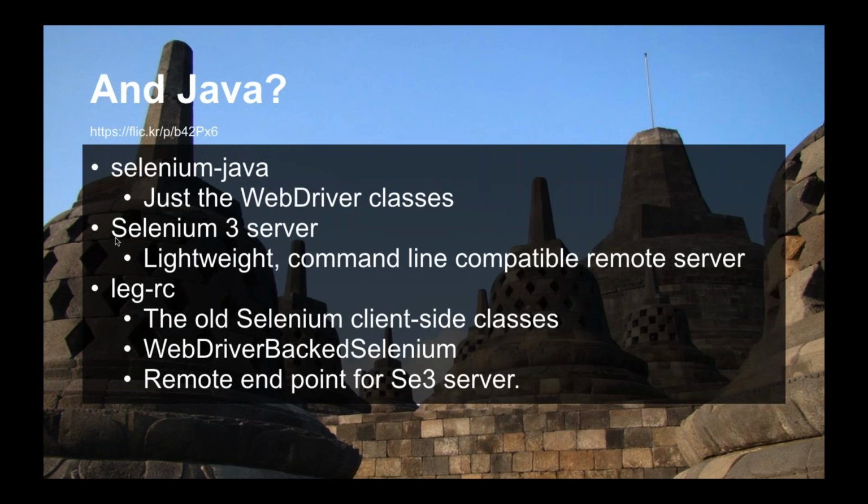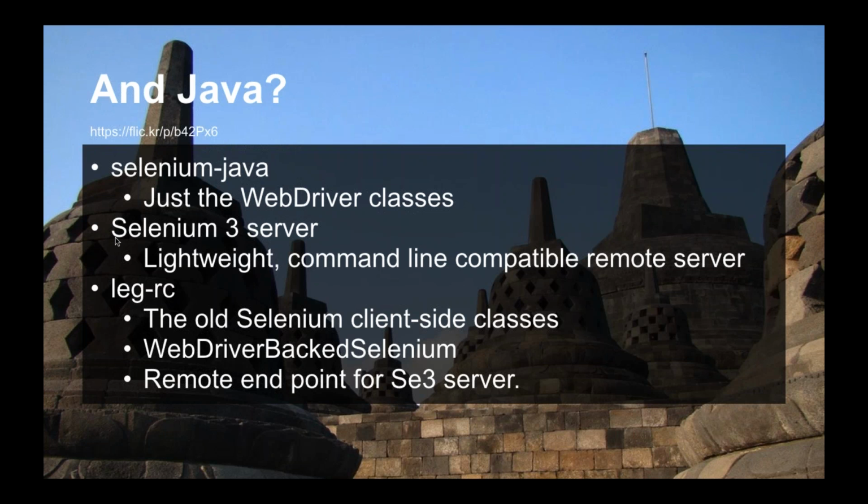We're breaking it up into 3 separate libraries that you can download. If you just update the version number of Selenium from 2.something-or-other, 5.3 to 3.0, what you will get is the current Selenium Java. That will be just the WebDriver APIs.